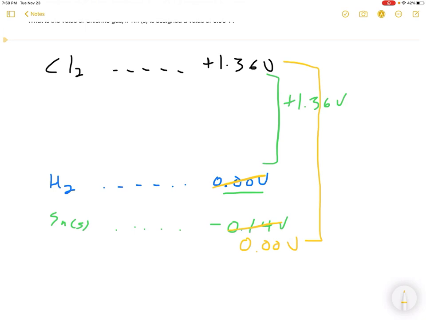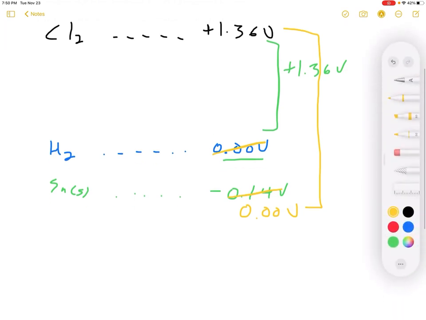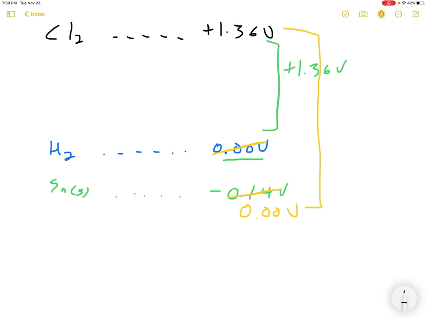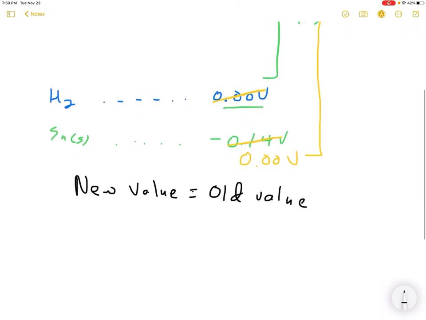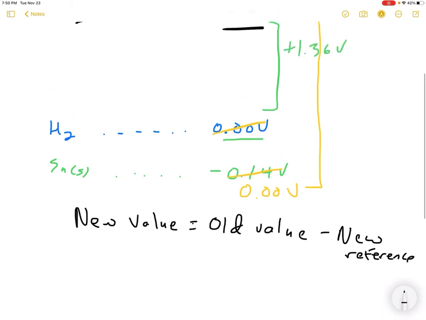Now, the thing that I find helps a lot is to plug this all into a formula, which would be the new value equals the old value, so the one where hydrogen was the 0, so in this case 1.36, minus the new reference. And so the old value was plus 1.36 volts.